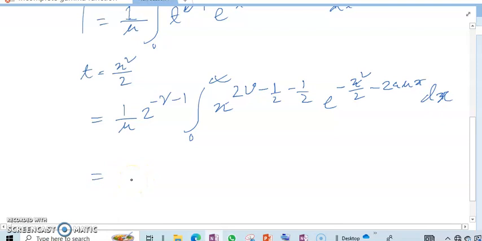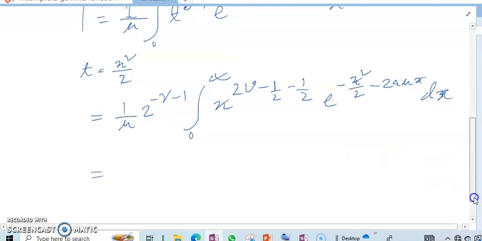Now friends, you have to know the Whittaker functions, okay?